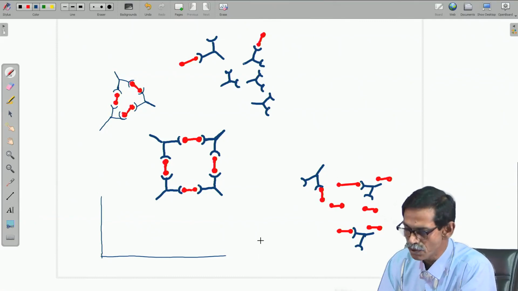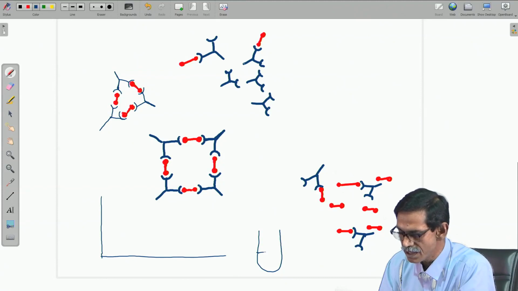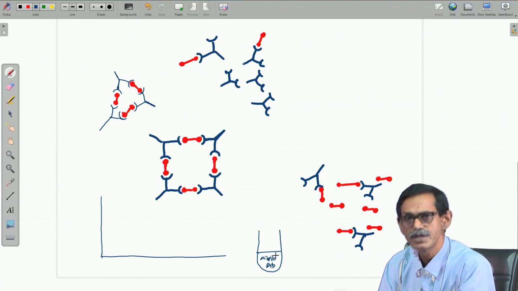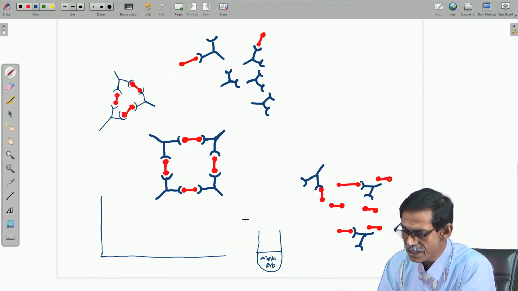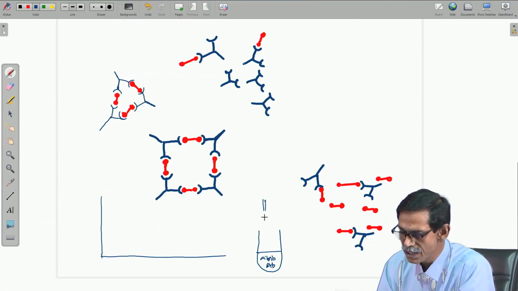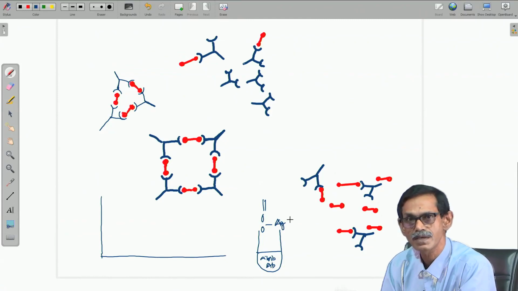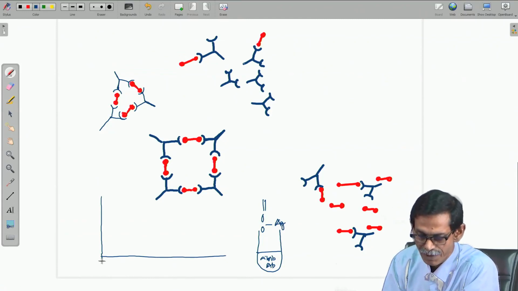Now, in a tube, you take a solution where lots of antibody is there. This is the antibody solution, so a huge amount of antibody is there. Then you are adding antigen drop wise. So, initially what happened?